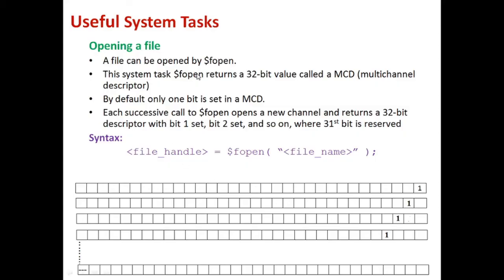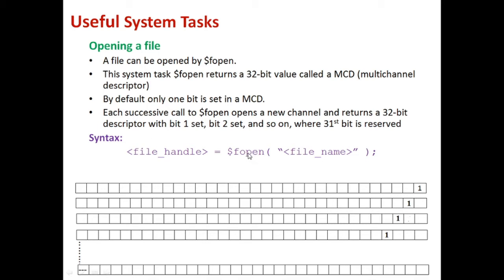So whenever I am using $fopen here in my syntax, immediately what happens, the task $fopen returns a 32-bit value called a multi-channel descriptor, that is MCD. So whenever $fopen is invoked, a 32-bit value that is generally called an MCD file is returned.